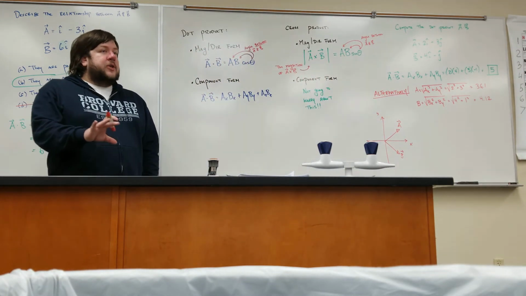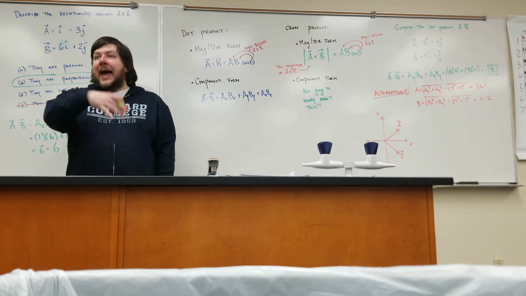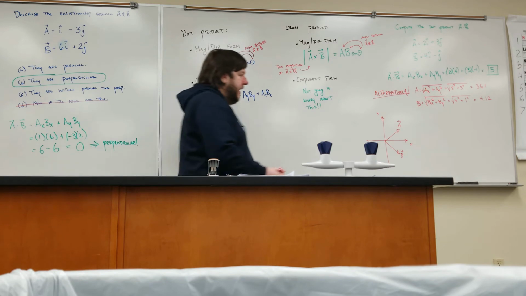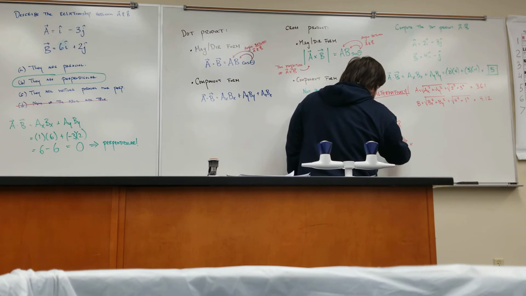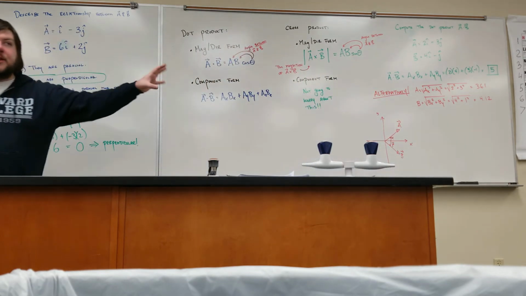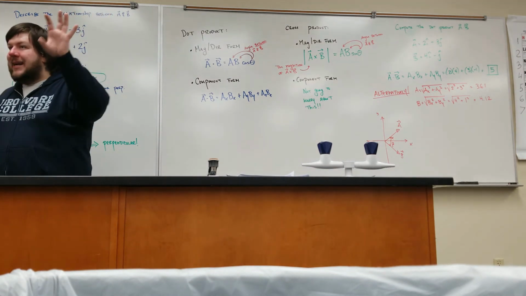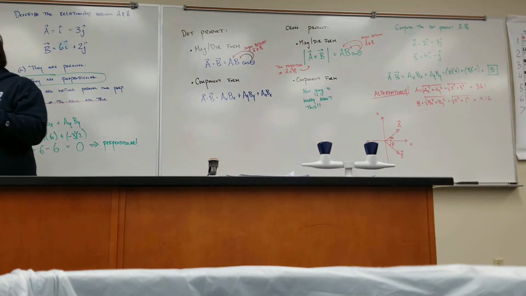Remember that angles are typically given by Greek letters. So I'll call the angle for A alpha, which is the Greek letter for A. And I'll call the angle for B beta, which is the Greek letter for B. And both of those angles, because we chose them to the nearest x-axis, will both be given by the inverse tangent of the absolute value of y over x.